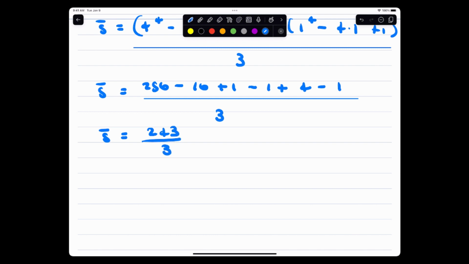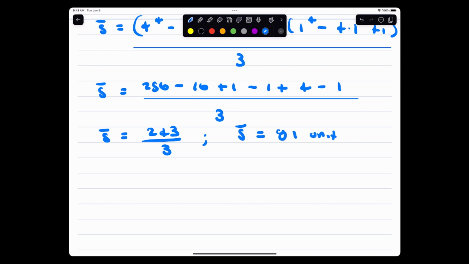Double check. 243 divided by 3. I don't think that's divisible by 3. Oh, yes, it is. It's a nice whole number. Yeah, it's 81.